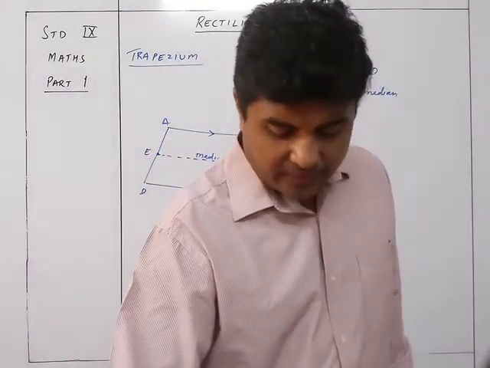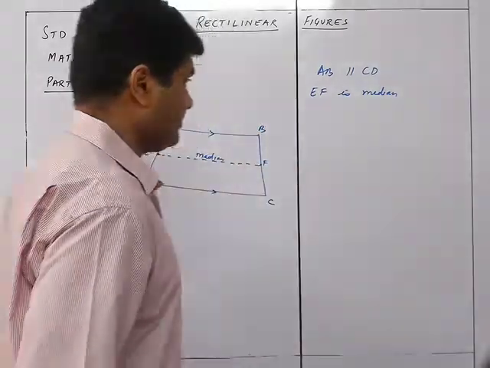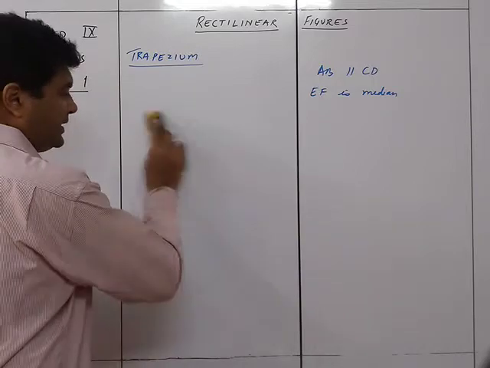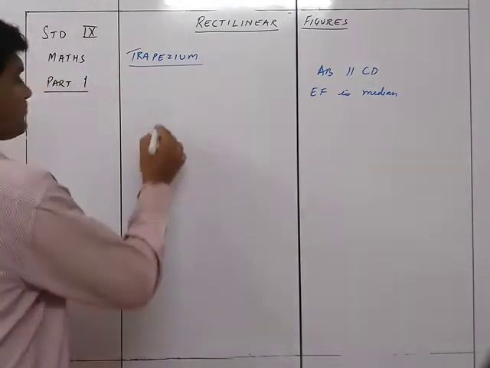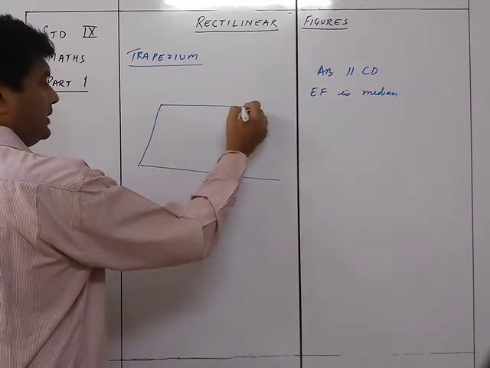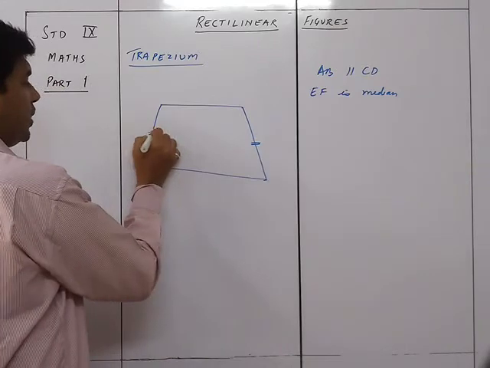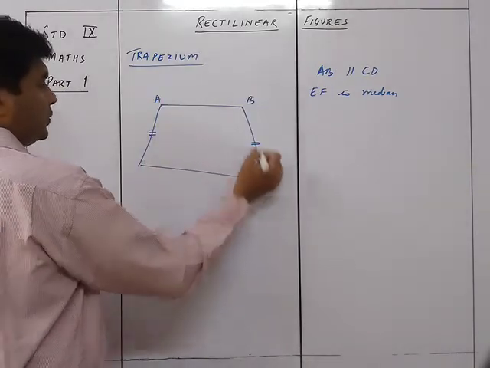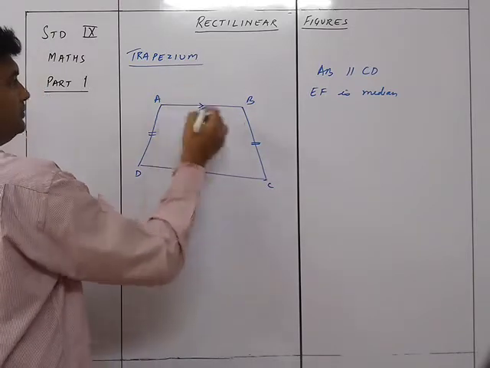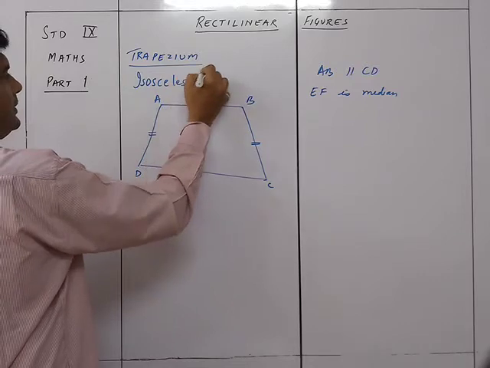The next kind of trapezium is the isosceles trapezium. If I have the same trapezium, but in this one the non-parallel sides are equal, then this is an isosceles trapezium.